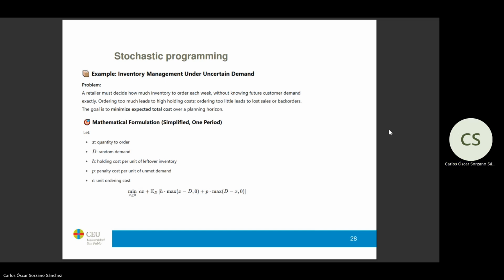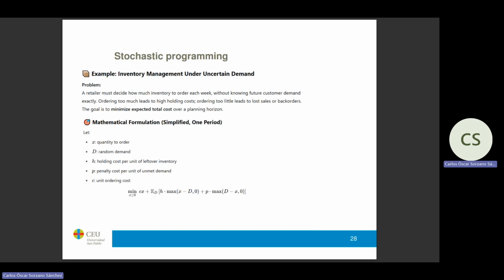So let's say that the demand today is D, and this will be a random demand. And then what is the holding cost? The holding cost for just one day will be the holding cost of h per unit times the part that we are not selling. So we order x, we have sold D, and then x minus D is the part that we have to store.